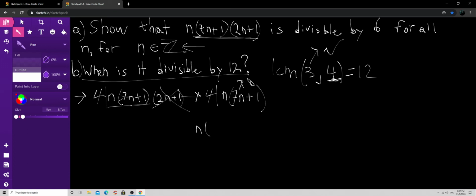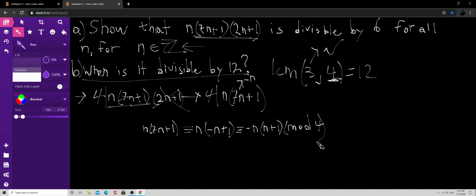This is congruent to minus n mod 4, so we just get minus n plus 1. So basically n times 7n plus 1 is congruent to n times minus n plus 1, mod 4.